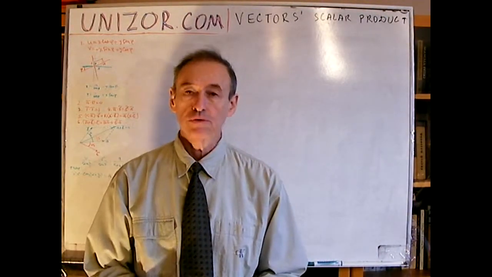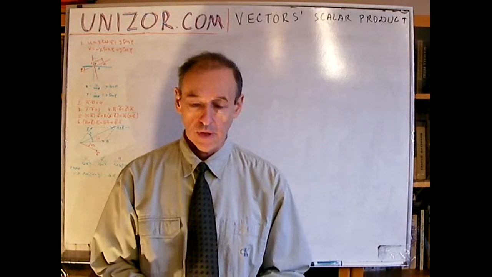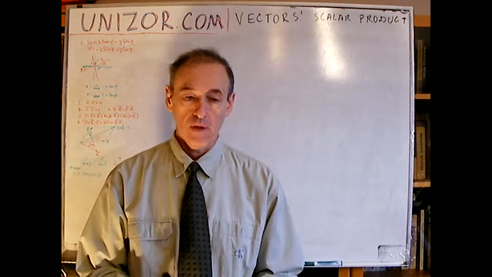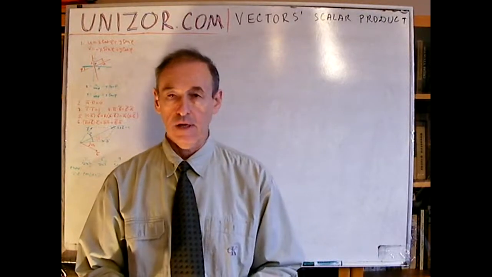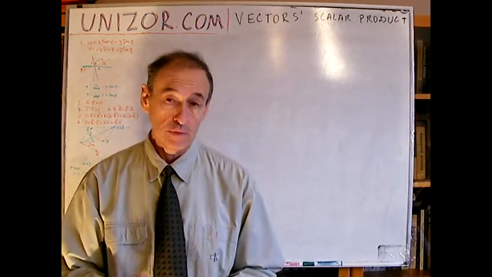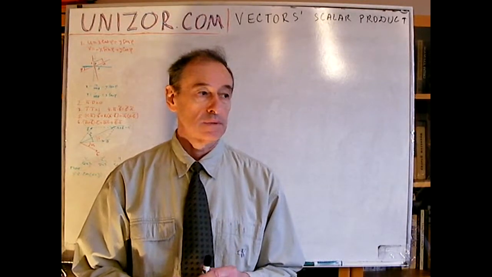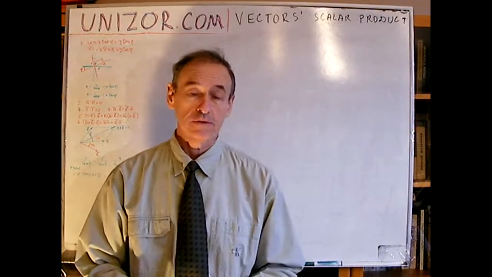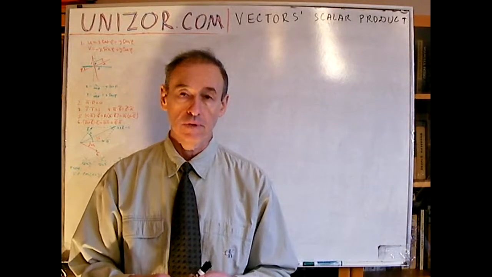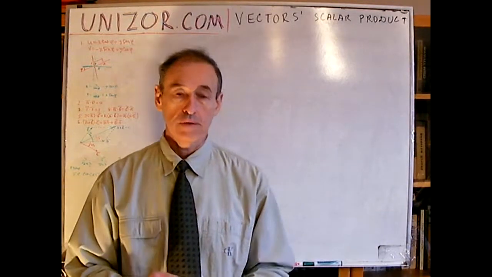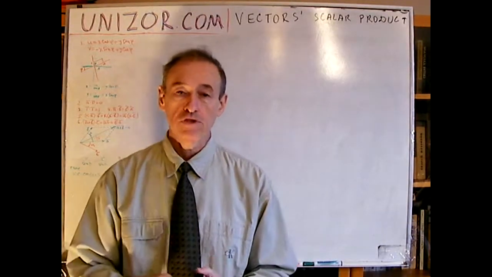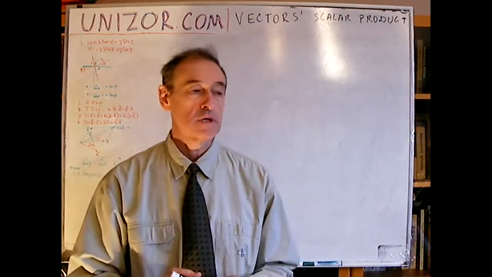I would like to continue talking about the scalar product of two vectors in the context of problems, actually. What I presented to you in the last two lectures, which were purely theoretical, was the definition of the scalar product of two vectors.